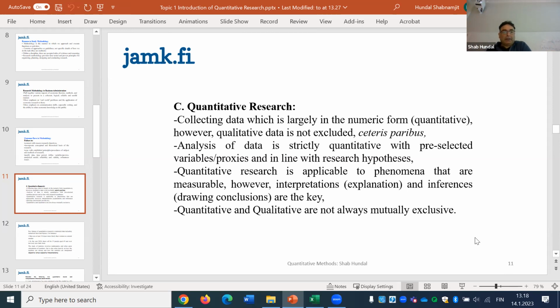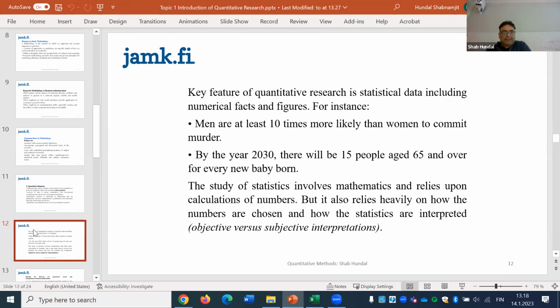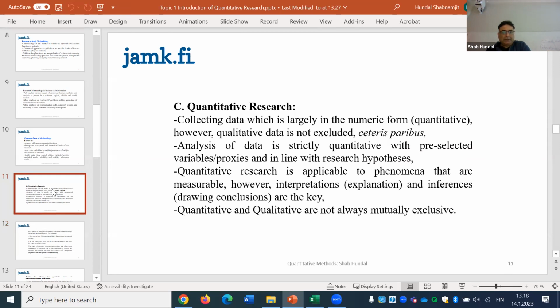Maybe I can give you some idea about quantitative research. We'll discuss it soon. In quantitative research, we have a theory to begin with.